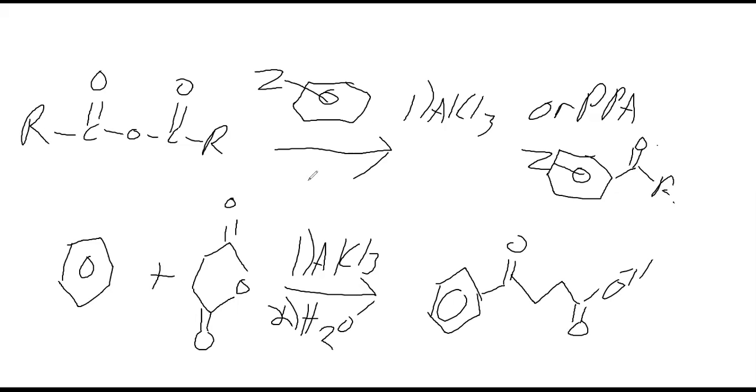But, okay. Most anhydrides will lose an acid as a leaving group. Now, acetic formic anhydride will donate the whole formyl group, as this guy is a stronger reactant than this guy.